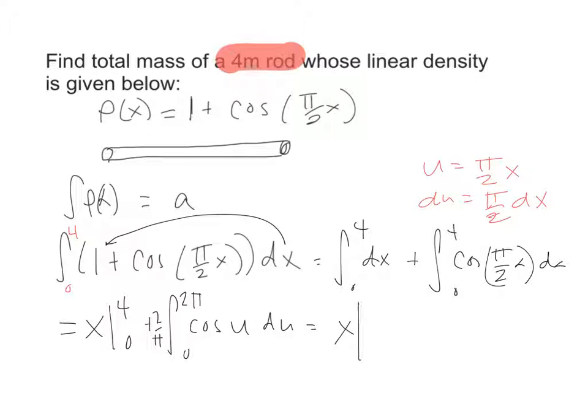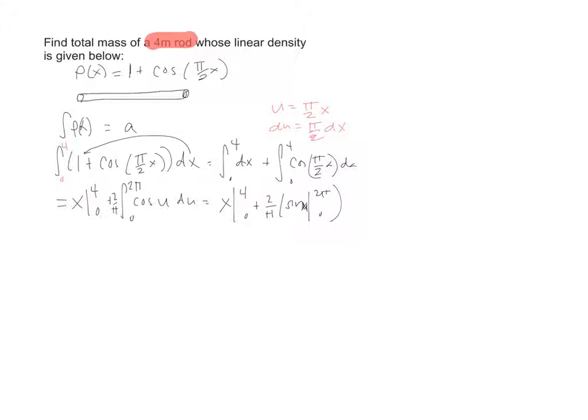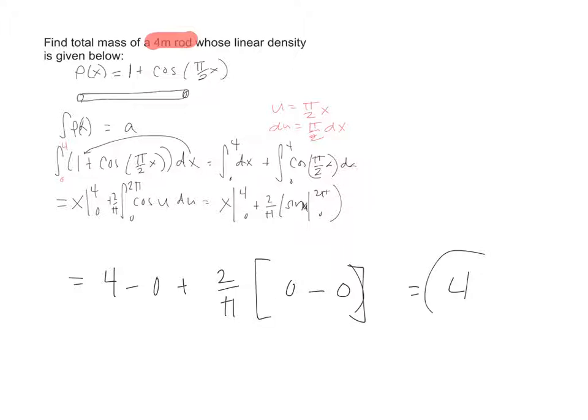So that is x from 4 to 0 plus 2 over pi, and that is going to be sine of u, 2 pi to 0. All right, so then this is 4 minus 0 plus 2 over pi. Sine of 2 pi is 0 minus 0. So I get a total of 4.